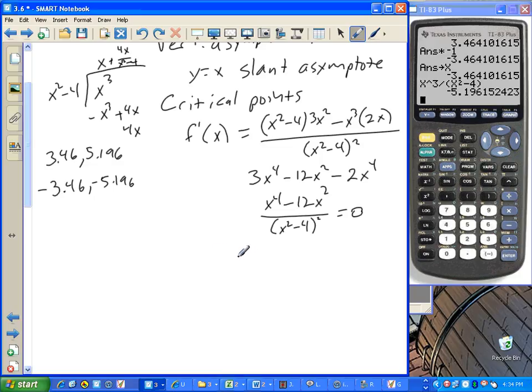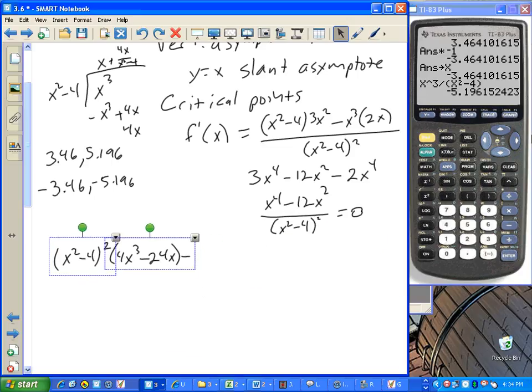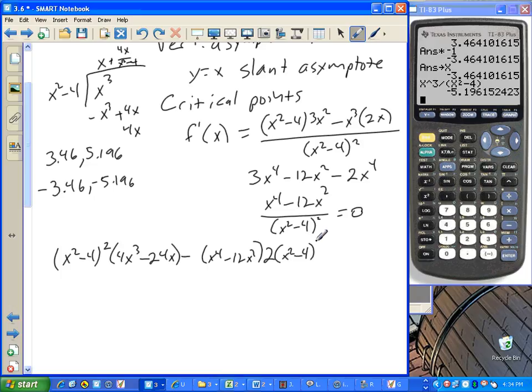So take bottom times derivative of the top, which would be 4x cubed minus 24x, minus top times derivative of the bottom, which would be chain rule, so I'm going to drop the 2, lower the power by 1, times derivative of the inside part, which is 2x, all over the bottom squared.